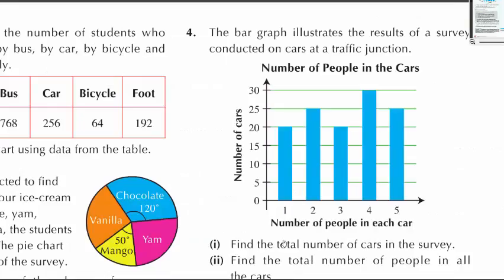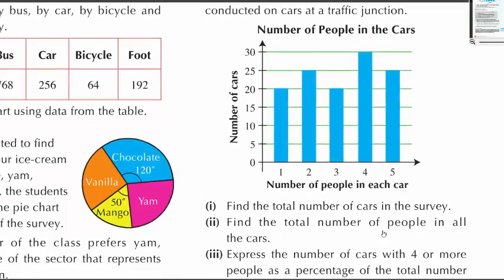Next, you want to find the total number of people in all the cars. So you know that there are 20 cars with 1 person in each car. So the total number of people will be 20 times 1. And then looking at the second bar, there are 25 cars with 2 persons each. So the total number of people will be 25 times 2.